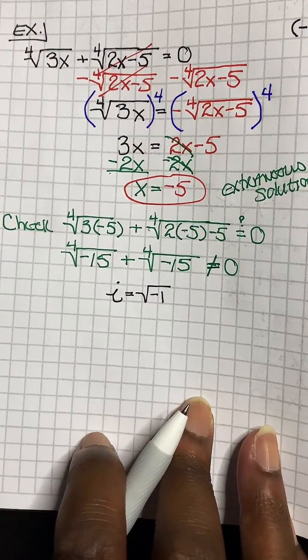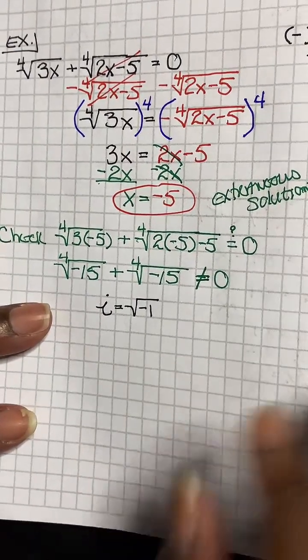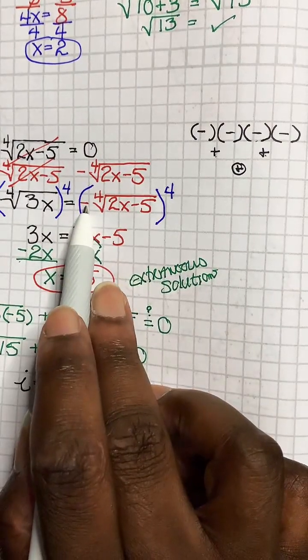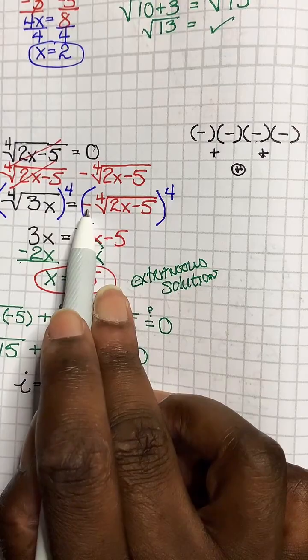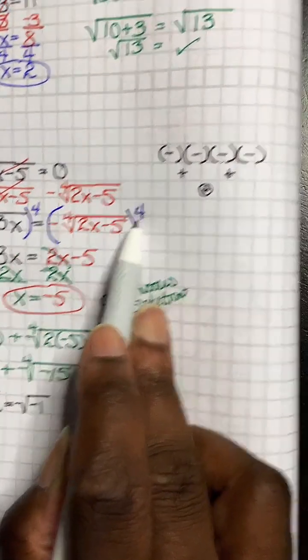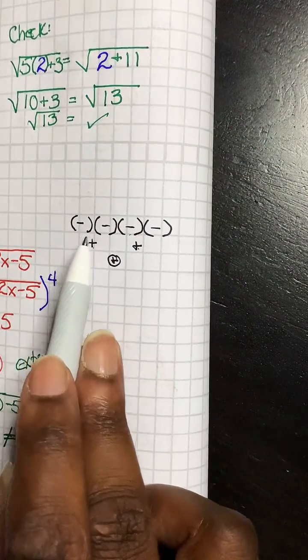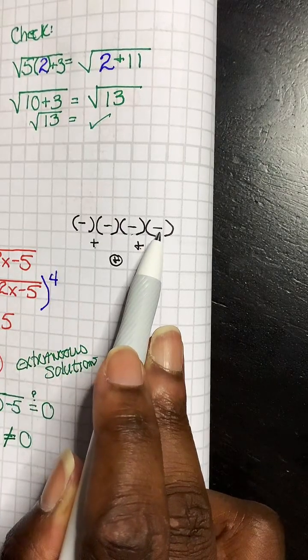No dumb question. What we got? What happened to the negative sign in front of the square? Awesome. No, that's not a dumb question. Because this is what happened. Since we're raising everything, that means we're raising this negative as well as that fourth root to the fourth power. So if I was going to do my negative to the fourth power, that means I'm going to multiply that negative to itself 4 times.